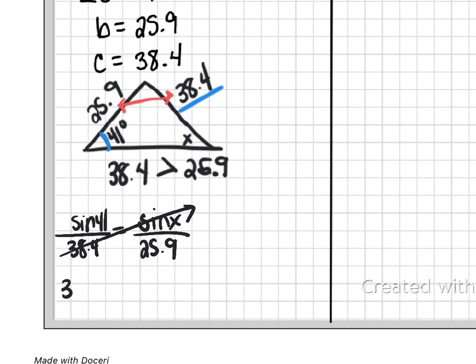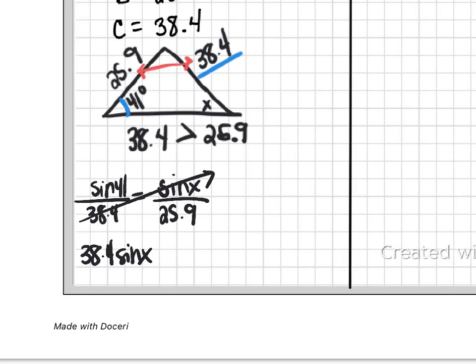Cross multiply for sine x equals 25.9 sine of 41. Divide by 38.4.